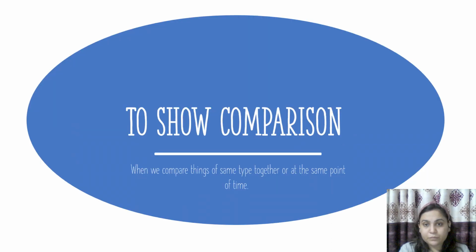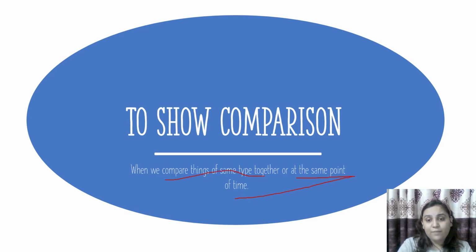Okay. Next is, we also use adjectives to show comparison. For example, when we compare two things, or we compare things of the same type or at the same point of time. So we have done this example. I'm taking the same example which we did in the class.